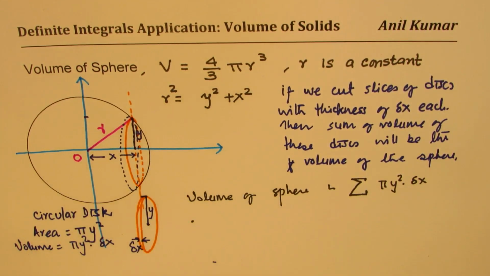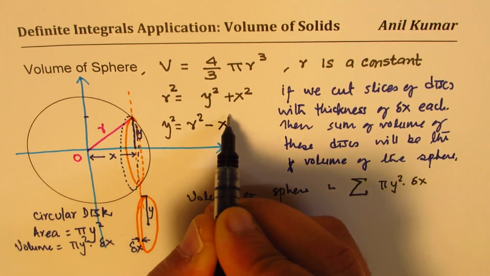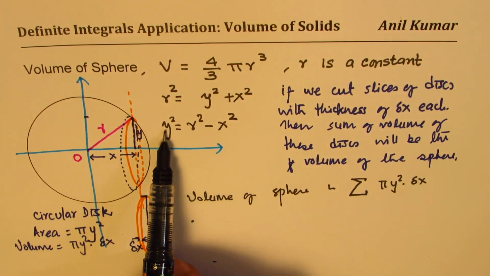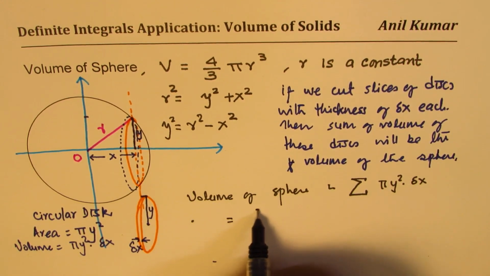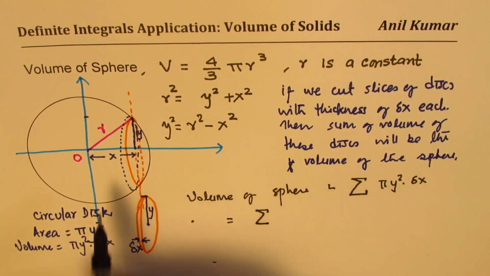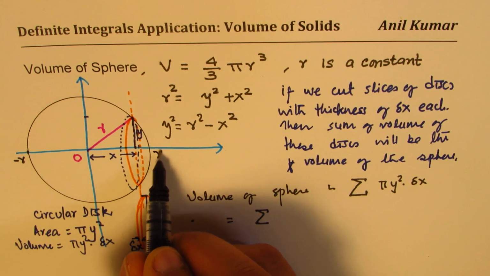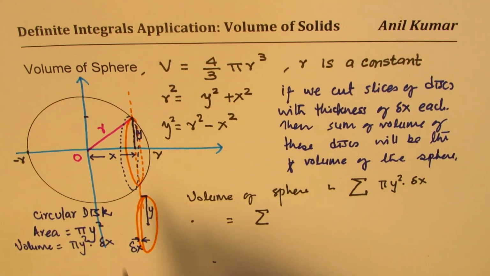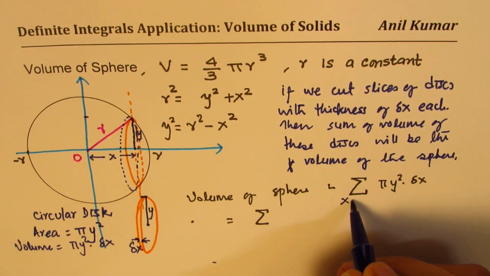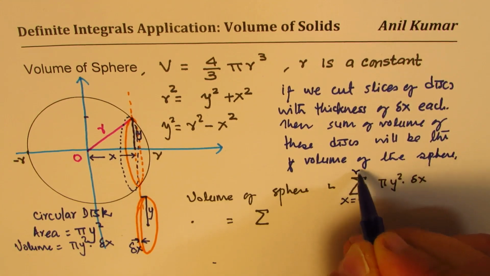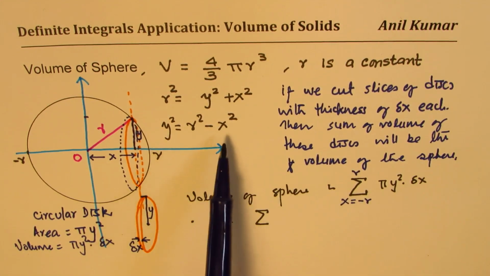From this relation, we can say that y square is equal to r square minus x square, correct? So y becomes a function of x, and r is constant. So this is equal to the sum where x is changing from minus r to r. What is varying here? As you move along, it is the x value which changes from minus r to plus r. You understand now? y is a function of x, right?